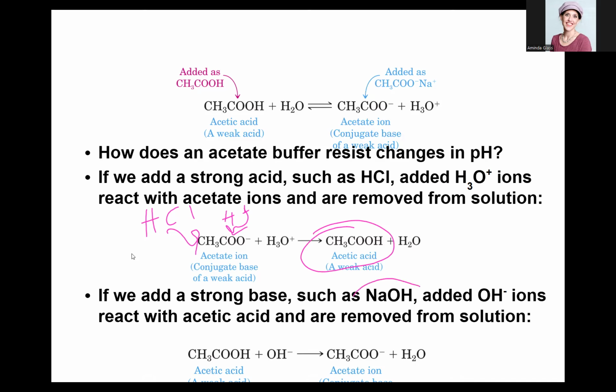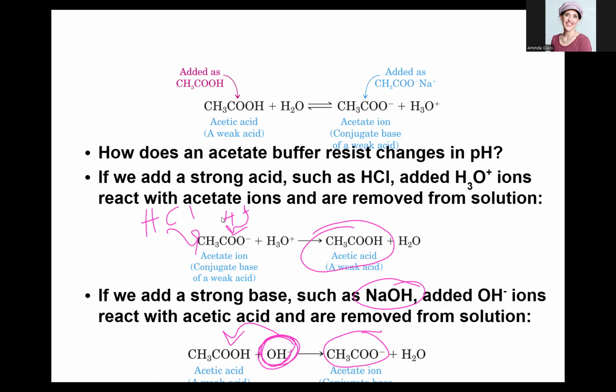If you add a strong base, that strong base, of course, will break apart into ions, and it'll react with the acetic acid that's already in solution and form the acetate ion.